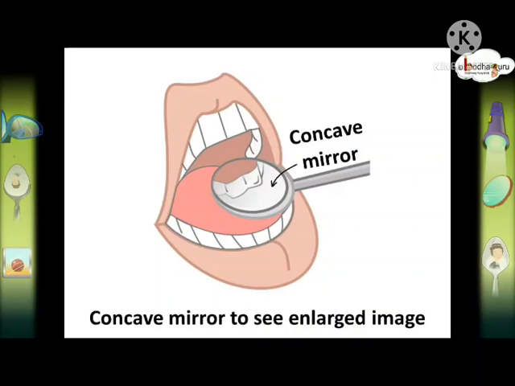For example, doctors use this mirror for obtaining a relatively larger image of teeth, ear, skin, etc. The dentists use the concave mirror to see the enlarged image of the teeth. In a concave mirror, things look bigger, so this mirror is also used for shaving, makeup, etc. and for many other purposes in our daily lives.